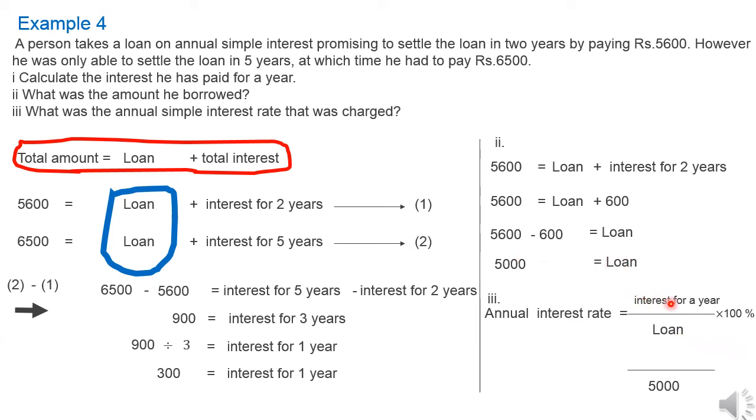The loan, we know, is 5,000 rupees, student. Interest for 1 year is 300 rupees. Then multiply by 100%. You can easily cancel these zeros, another 0 here, another 0 here. Then 30 divided by 5 is 6%. That is the annual interest rate.